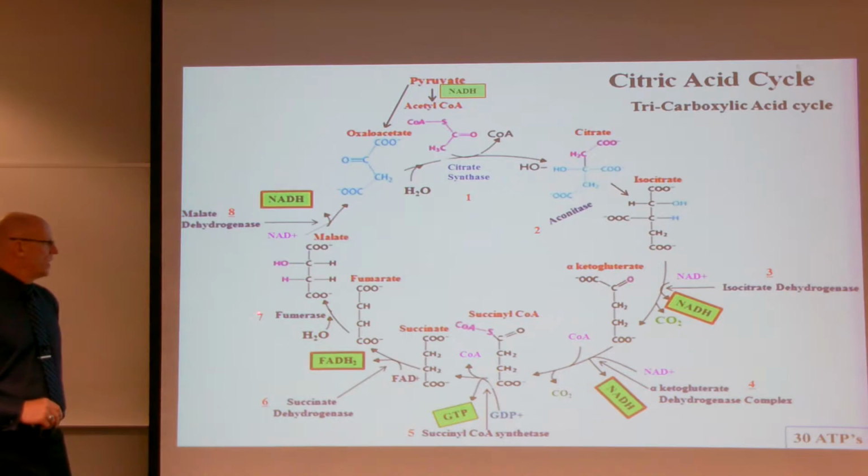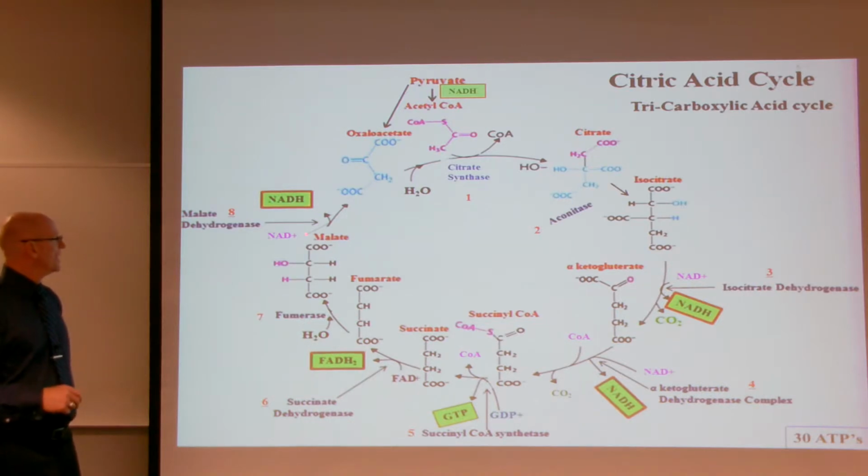Now the seventh step, fumarase, will add in a water molecule onto the second and third carbon of fumarate, yielding malate. Now the eighth step, malate dehydrogenase, will dehydrogenate malate by taking off a couple hydrogens and thereby creating another reduced form of nicotinamide adenine dinucleotide, yielding the oxaloacetate.